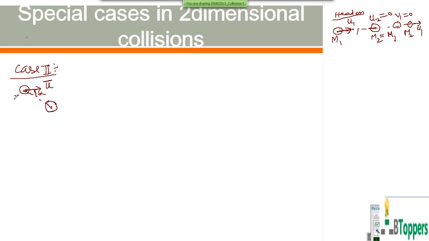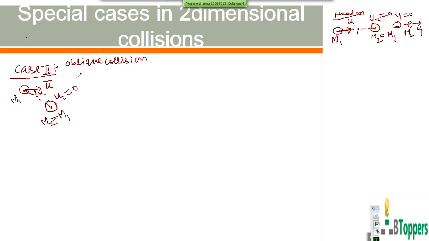That means the collision is elastic but not one-dimensional, because the initial velocity u bar of the first sphere is not directed along the line joining the centers. That means I am considering the case of oblique or two-dimensional collision, which is perfectly elastic between two spheres of the same mass, and the second mass is initially at rest.